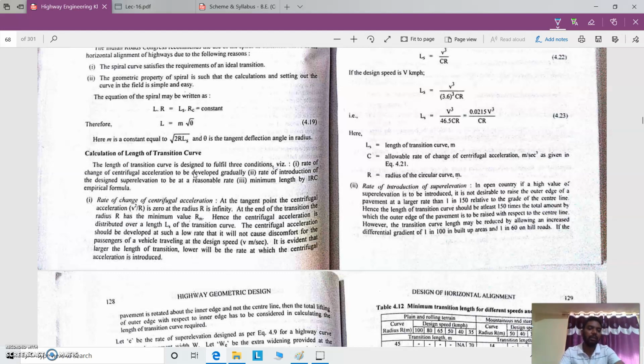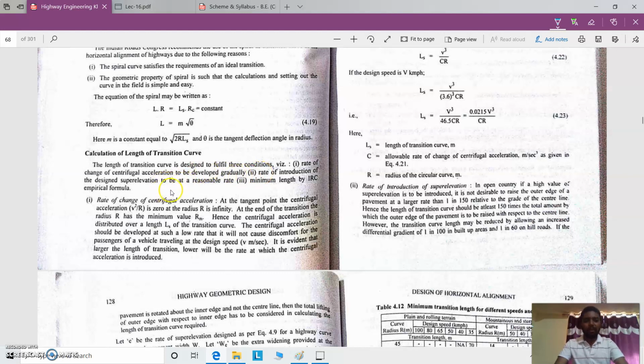Based on these three conditions, we calculate the length of the transition curve. Let us consider them one by one.